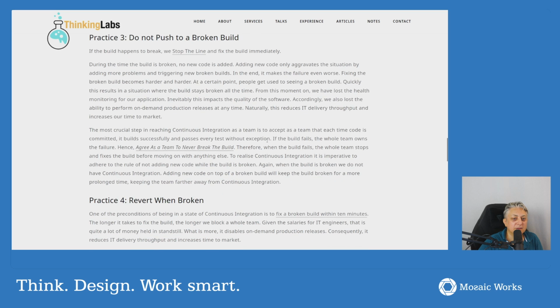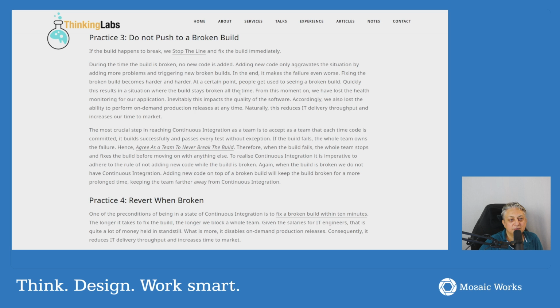And then when this happens, it might happen occasionally, particularly in the beginning. First of all, you need to have someone responsible for fixing the build.